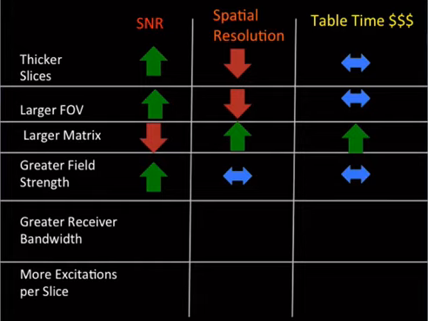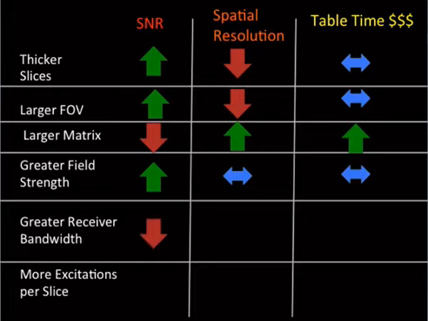Now, remember that receiver bandwidth, a fat bandwidth, gives you rapid sampling of data, and a narrow bandwidth gives you slow sampling of data. And since noise is constant, the fatter band will pick up more noise. So a fatter receiver bandwidth equals a decrease in signal to noise ratio.